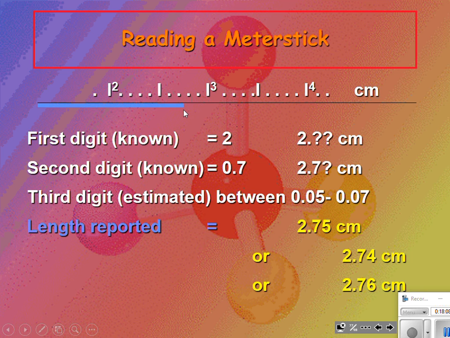Now, will we all estimate the same? Could Andrew say that looks to me like 2.74? We're not always going to estimate the same. That's why it's an estimated value. You could be close, ballpark, but not exact.